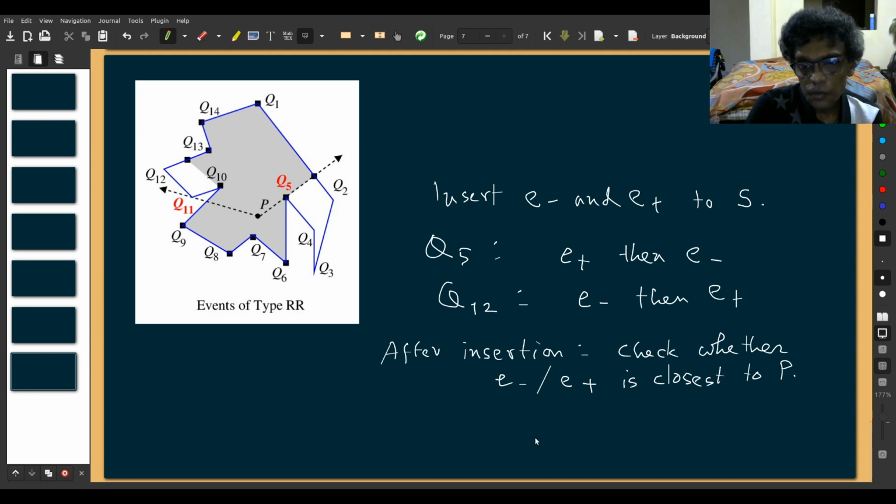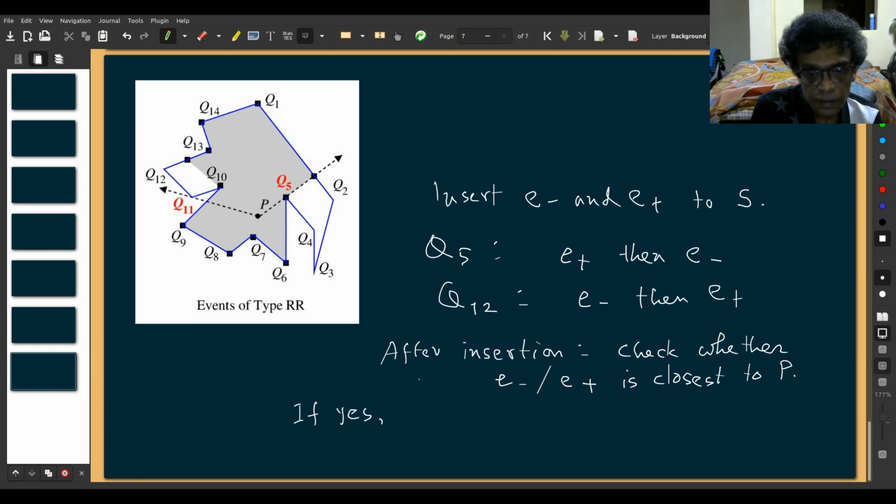Otherwise, you skip E minus and E plus and look at the third nearest active line, and compute the intersection of the ray from P with that. If not, do nothing.